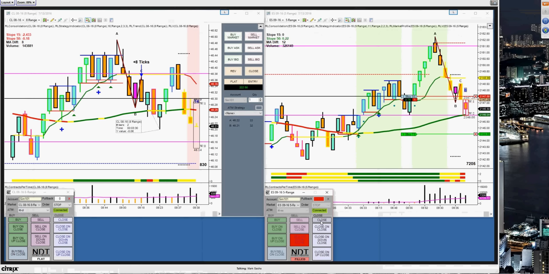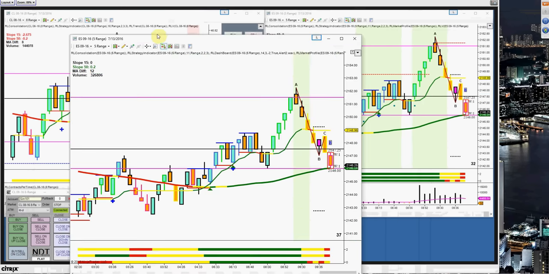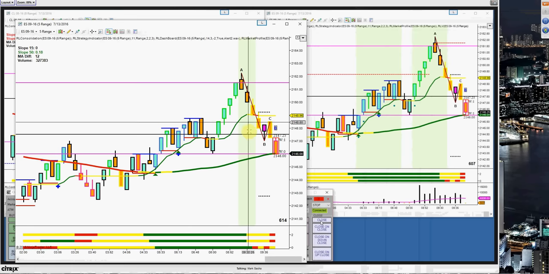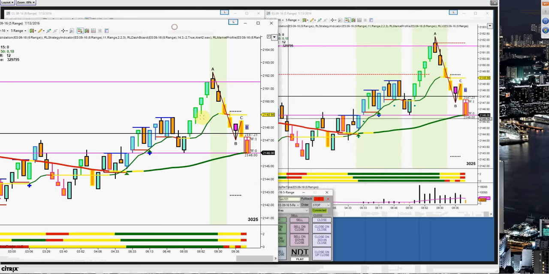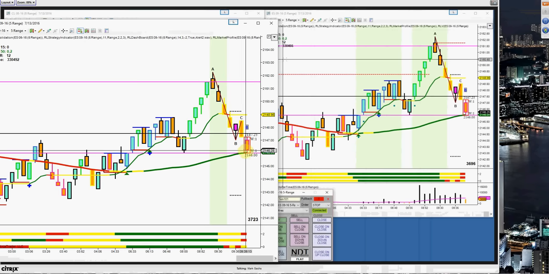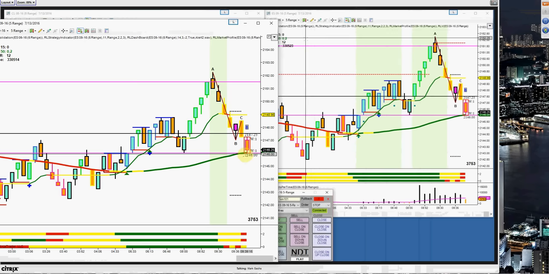Target 2. Close the trade. We're out. And as you guys can see, this was an ABC trade. We're hitting dual support. But we had a lot of support right underneath it. That's why he went ahead and exited at that level exactly.